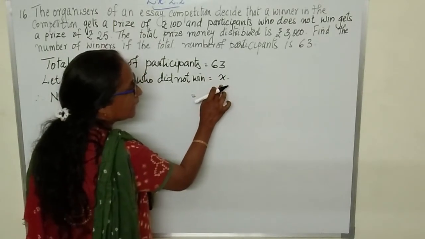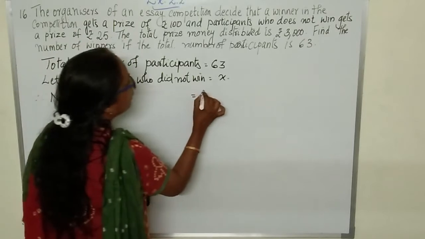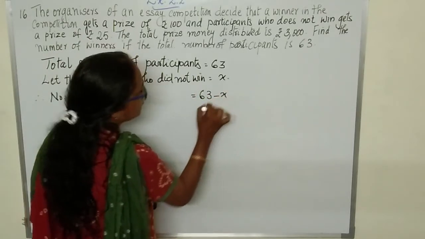So 63, from that X are not winners. So it will be 63 minus X.